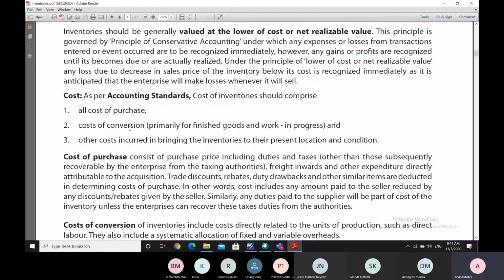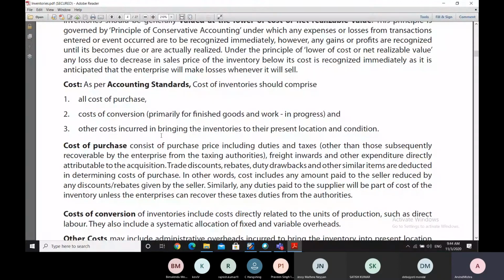And there will be other costs also which are incurred in bringing the inventory to its present location and condition. So these are the three elements of cost: the cost of purchase of the items, the cost of conversion in the factory if it is a manufacturing concern, and the cost of bringing the inventory to the present location and condition.